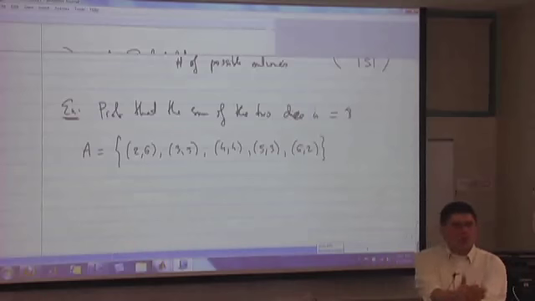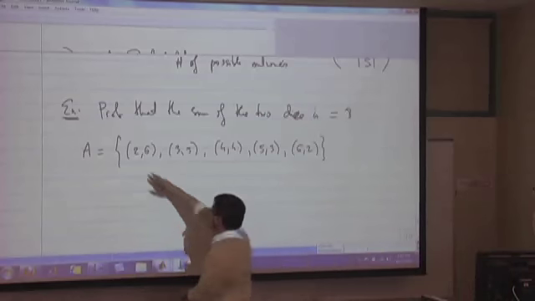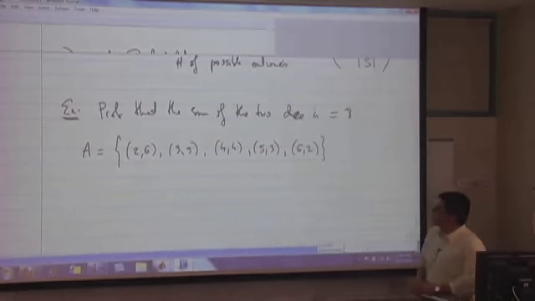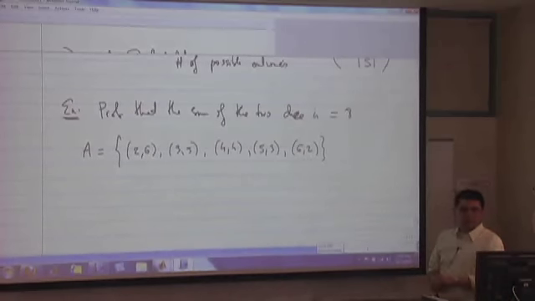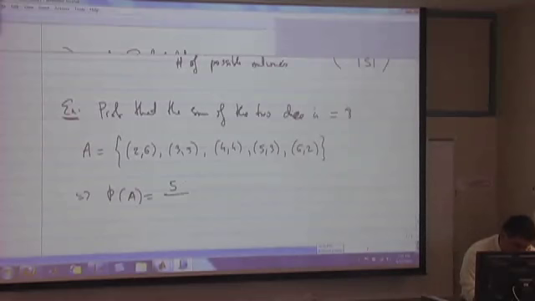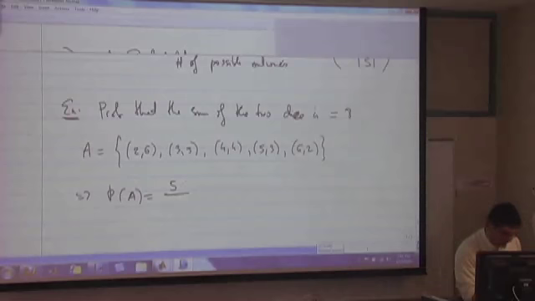So one could be red, one could be blue. If the red comes 2 and the blue comes 6, that's a different event than if the red comes 6 and the blue comes 2. So the probability of this event is going to be 5 over the total possibility, which is 36.